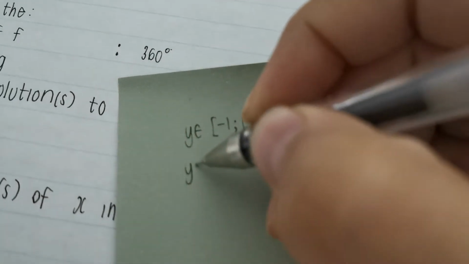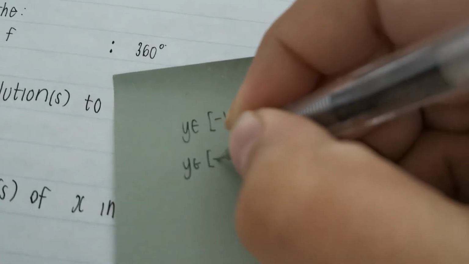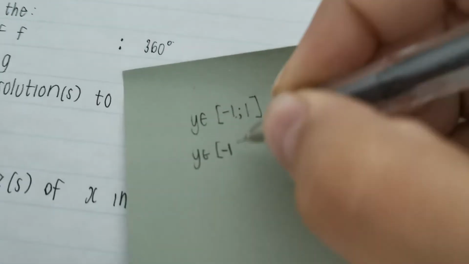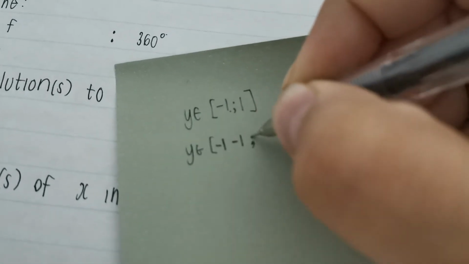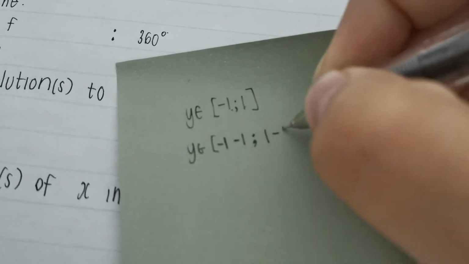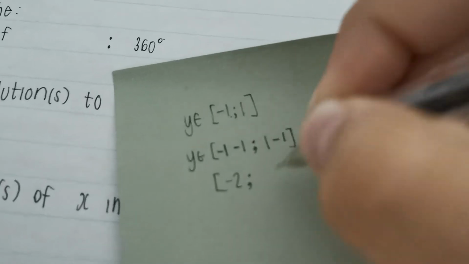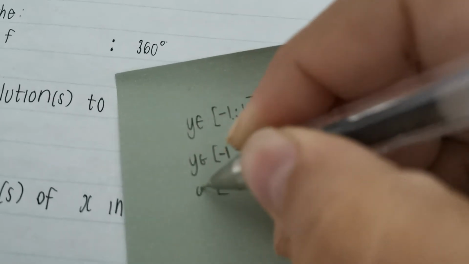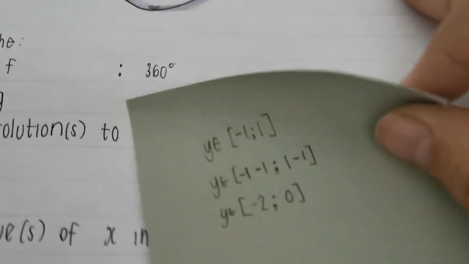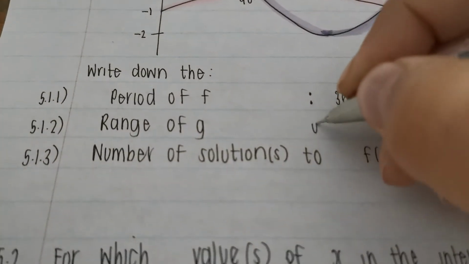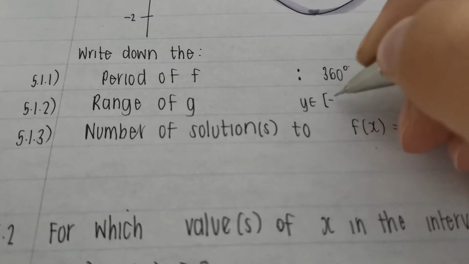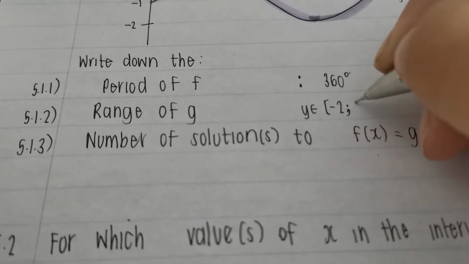So now it's going to be y is an element of negative 1 minus 1 and 1 minus 1. So this here is negative 2 and 0. So we can write down our answer now. That was our thinking. y is an element of negative 2 up until 0.